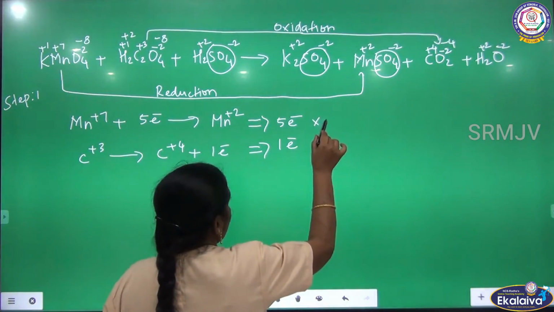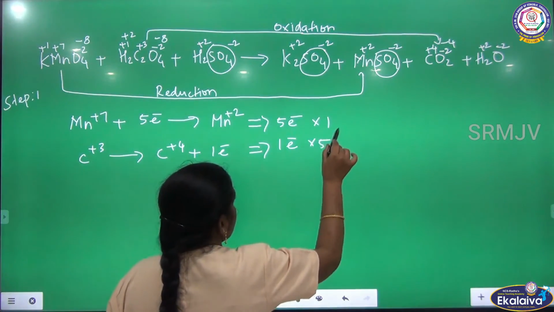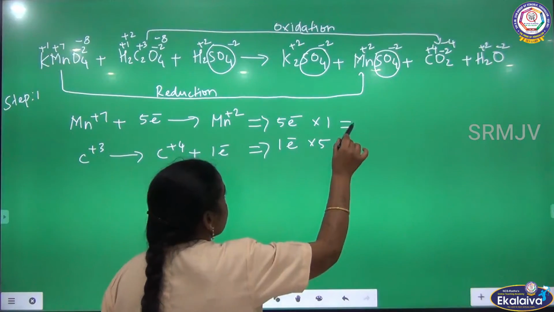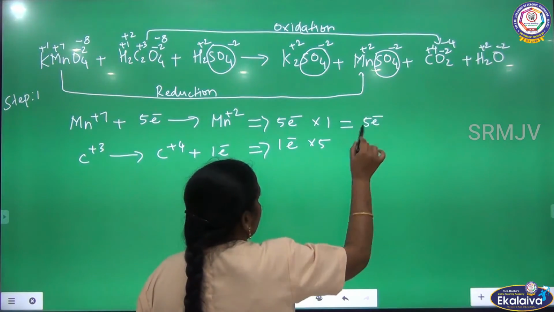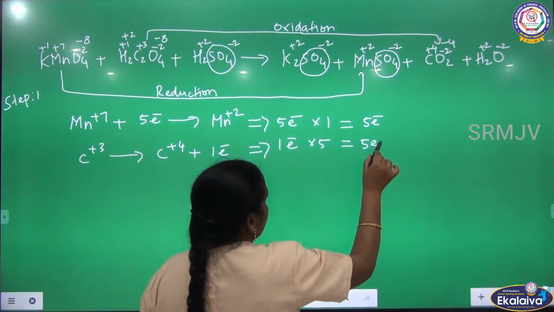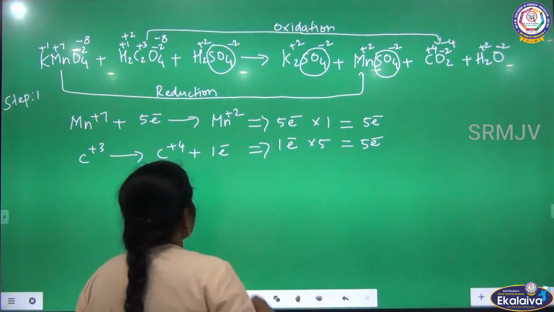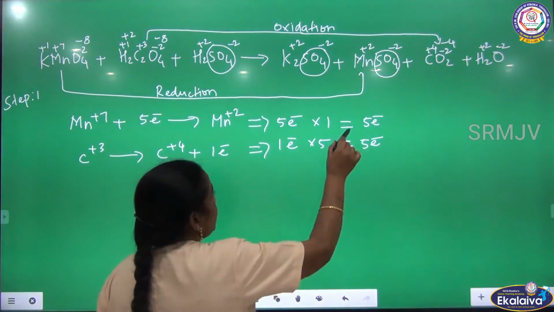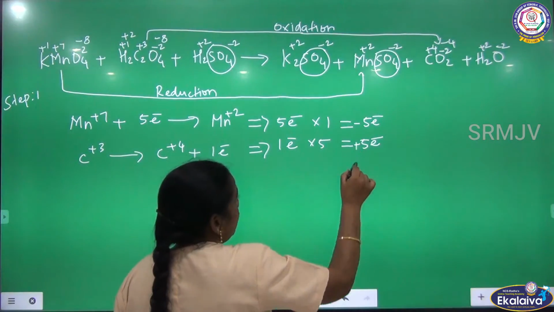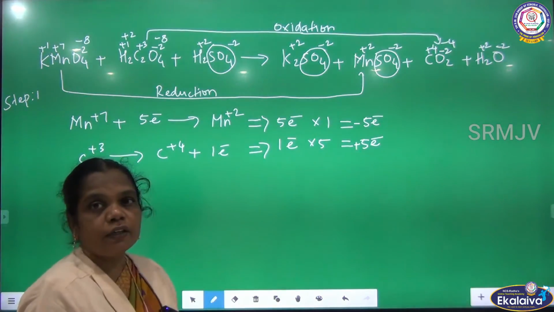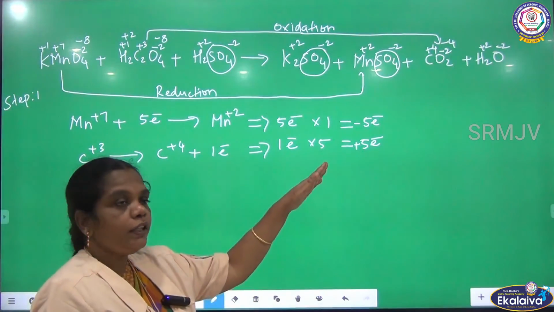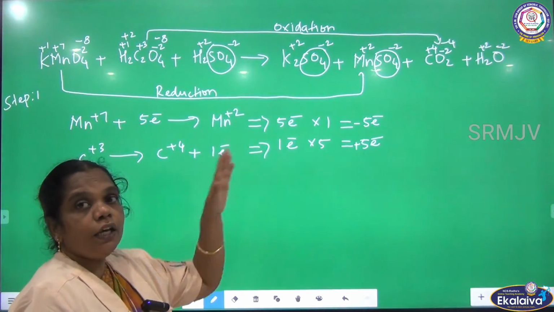So this can be cross multiplied. So how many electrons? 5 electrons and 5 electrons. So in both the reactions, reduction means minus 5 and oxidation means plus 5. So the number of electrons is going to be equal.